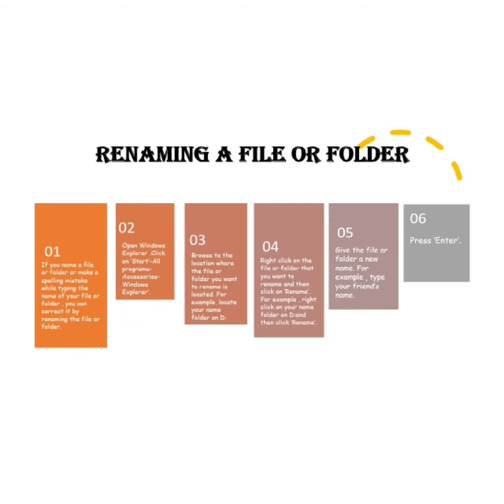For example, right click on your name folder on D drive and then click rename. After that, give the file or folder a new name. For example, type your friend's name. Lastly, you have to press enter. Children, this is how we can rename a file or folder.